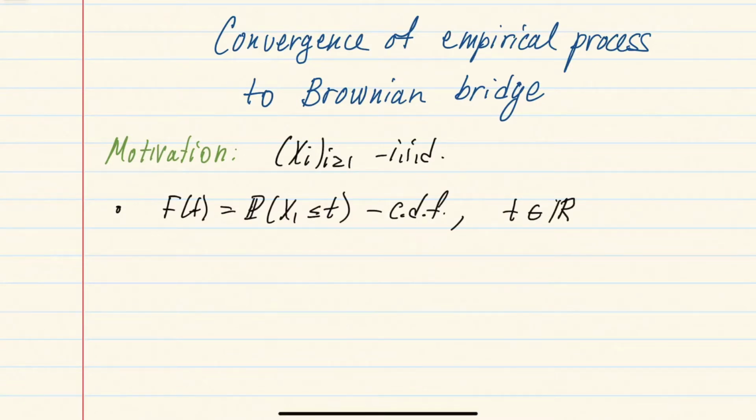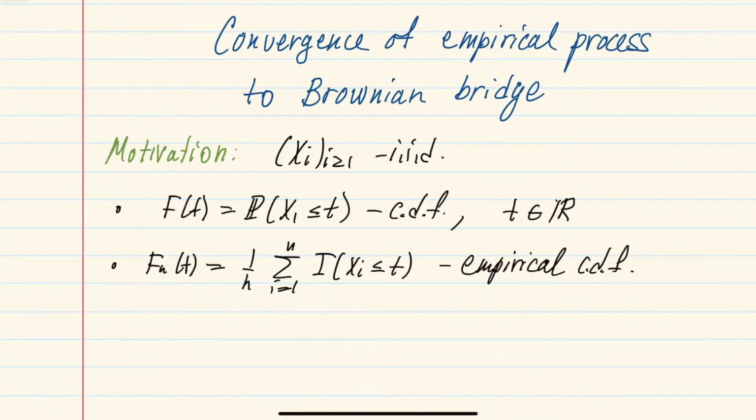Now, let's also denote by Fn(t) the proportion of xi's that fall below t in the sample from 1 to n. So Fn(t) will be just 1 over n, the sum from 1 to n of the indicator that xi is below t. And this proportion is called the empirical cumulative distribution function.